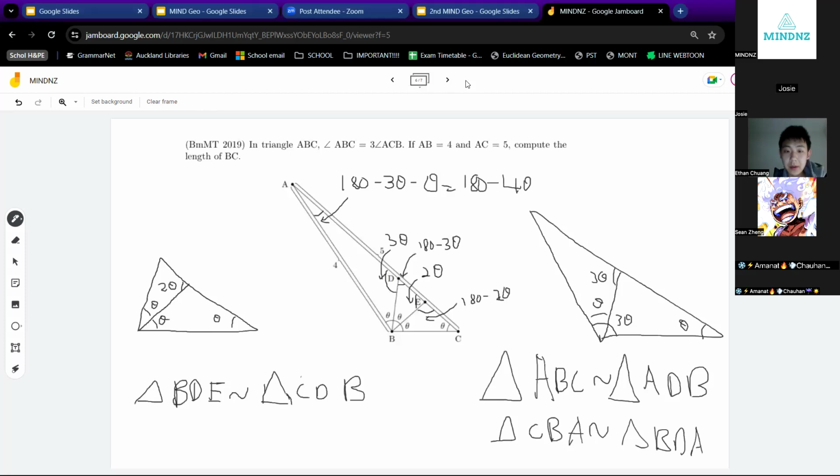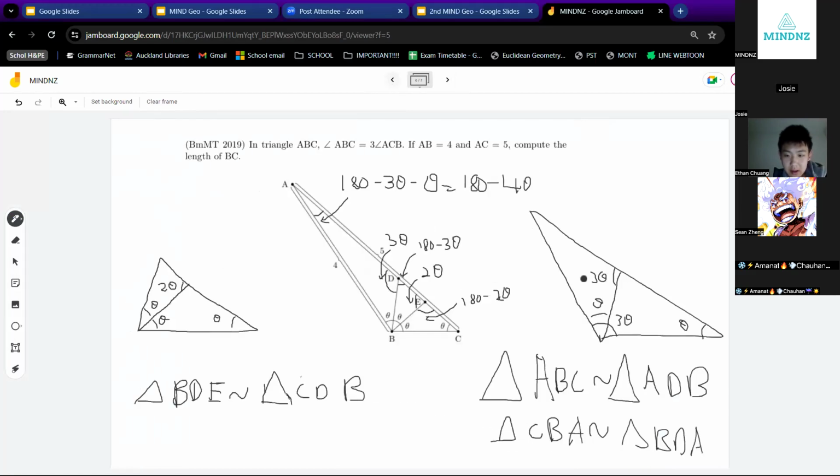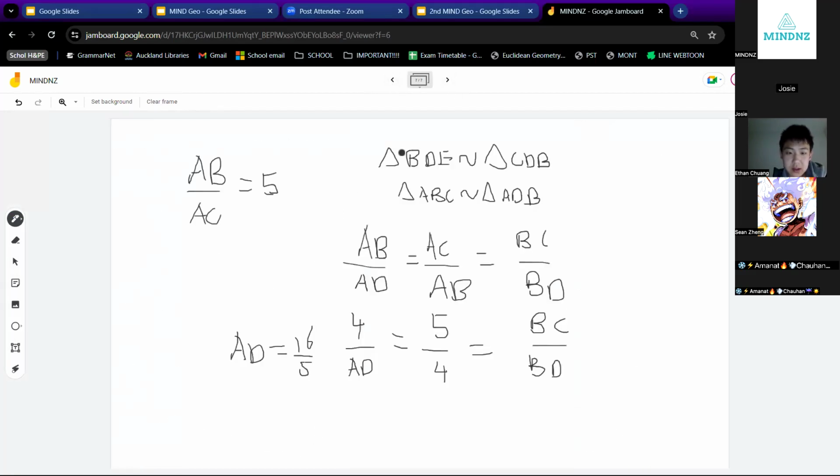AE is 4, so since we know AE is 4, that means EC would be 1. But from this we get that AD equals 16 over 5. Yeah, that is something we get from those ratios.